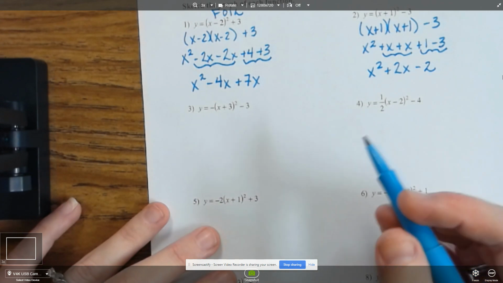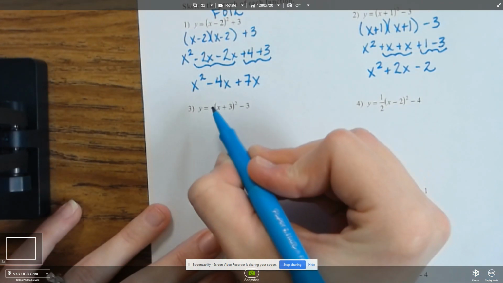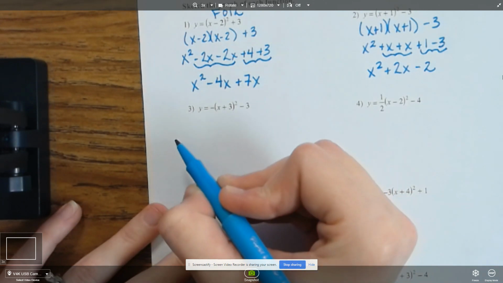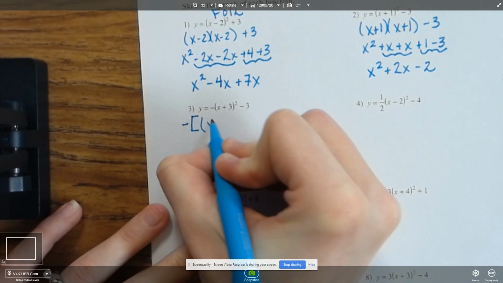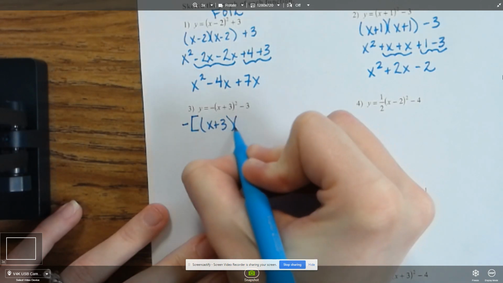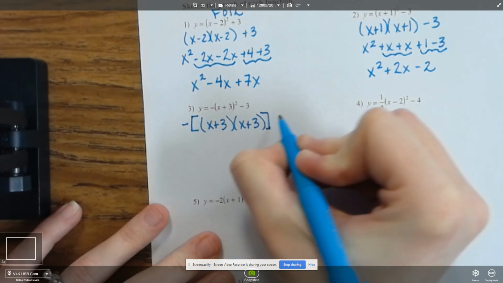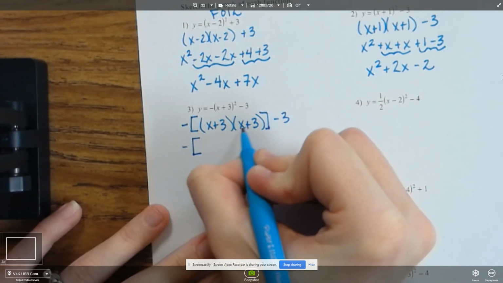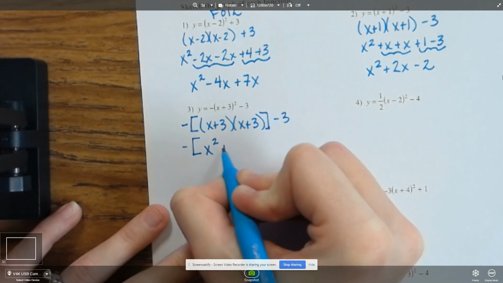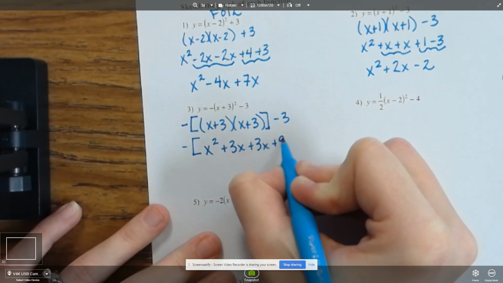So sometimes we have got other stuff tacked on. So for example, this negative. What we're going to do is we're going to leave that negative for the end, and we're just going to focus on the x plus 3 squared first. And so if we FOIL this, x squared plus 3x plus 3x plus 9.